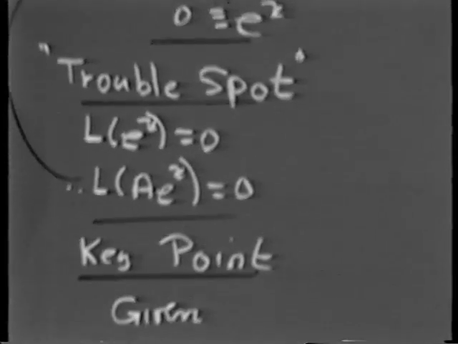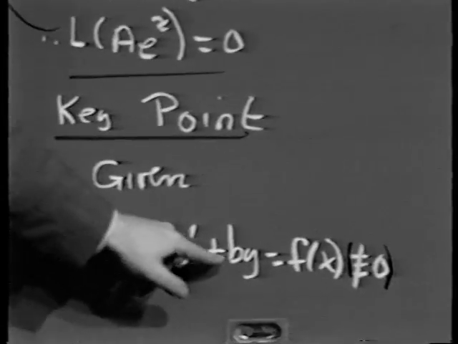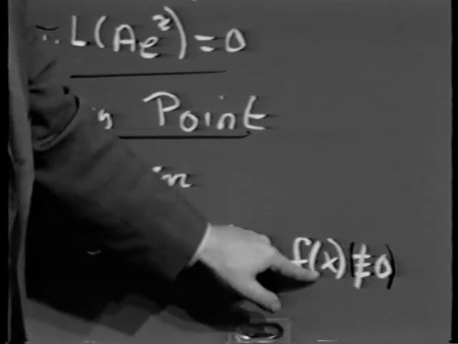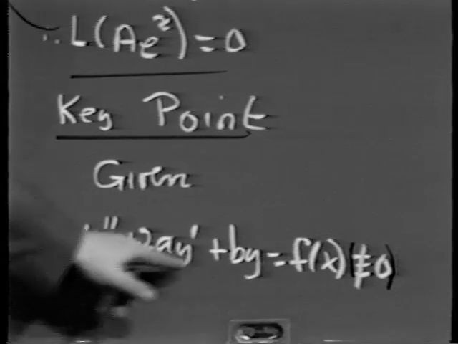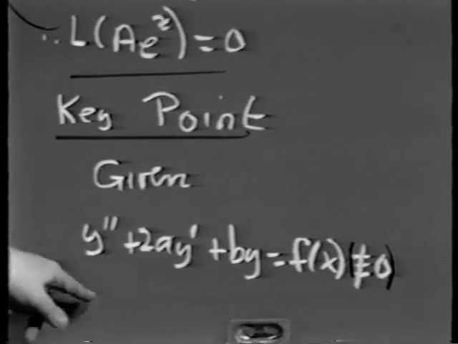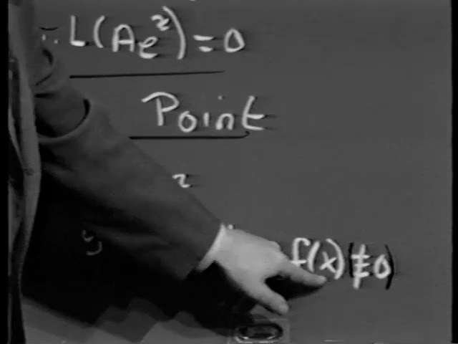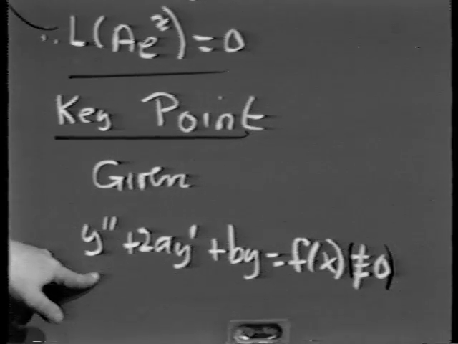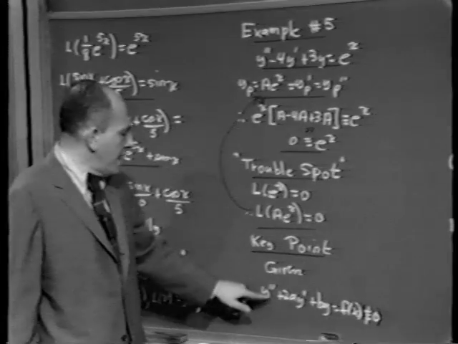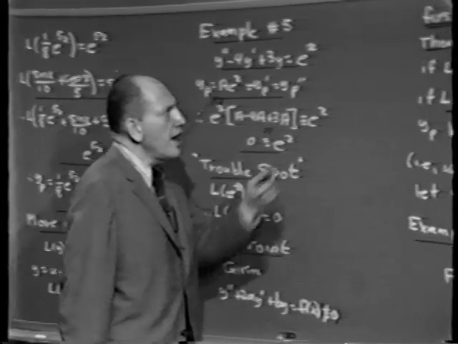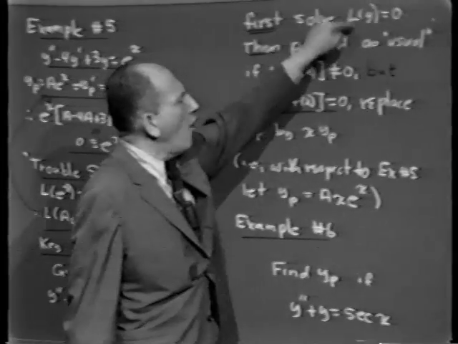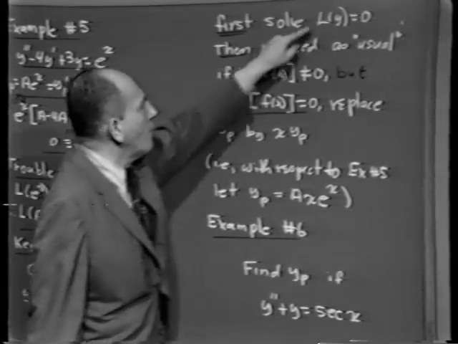When we're given y double prime plus 2ay prime plus by is some function of x, where that function of x is not identically 0, when we look for the trial solution, we must make sure that f of x is not a particular solution of the homogeneous equation. In other words, given this, the safest thing to do is to first solve the homogeneous equation. See, solve this one first.